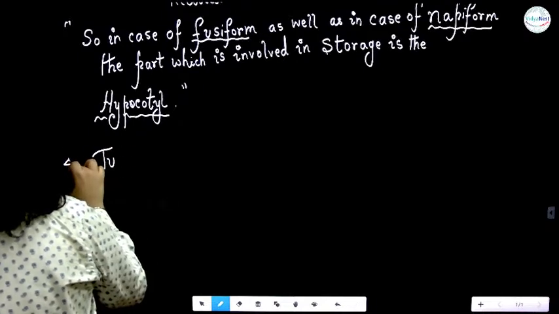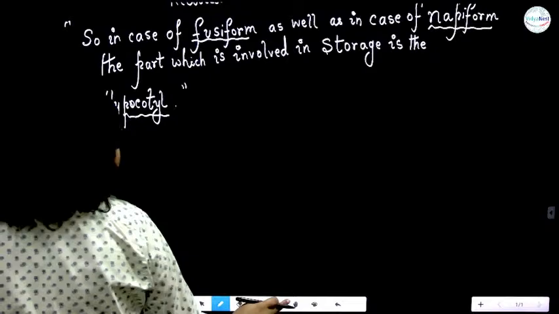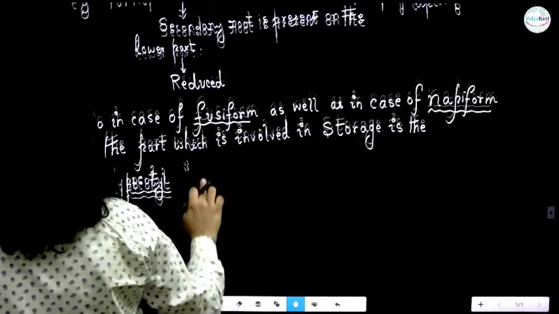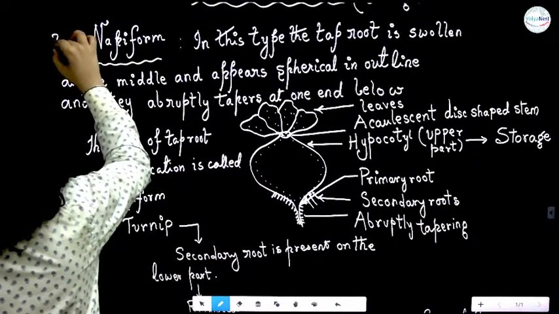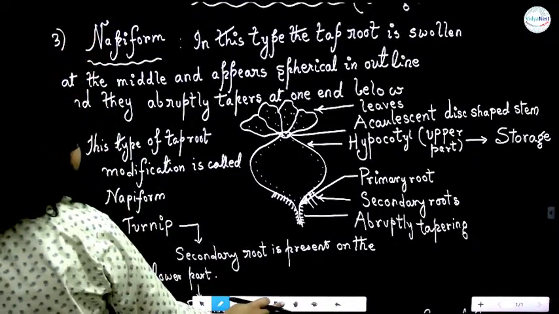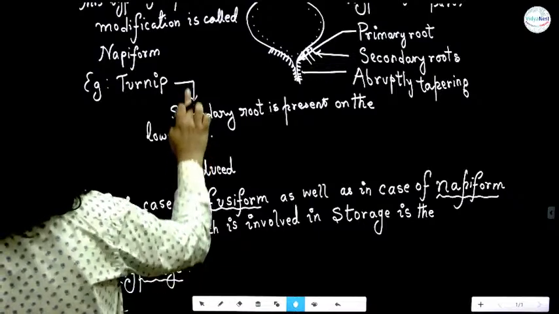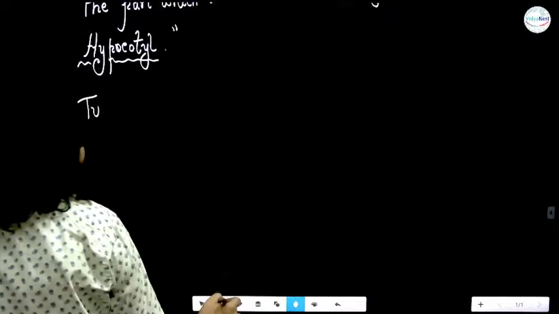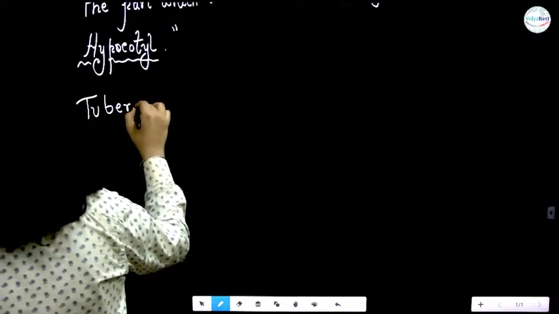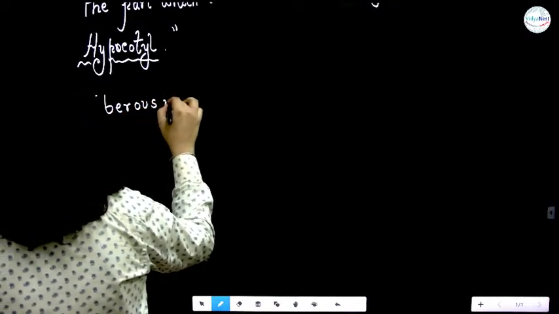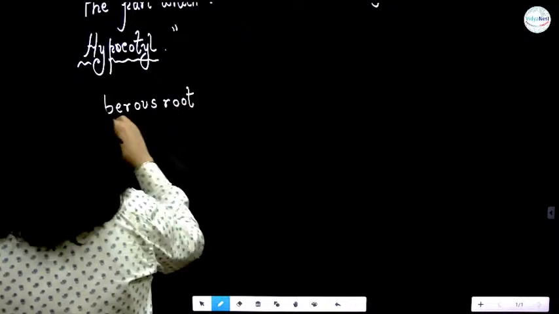This is the fourth category. This was the third one. Right. Now, what is a tuberous root?